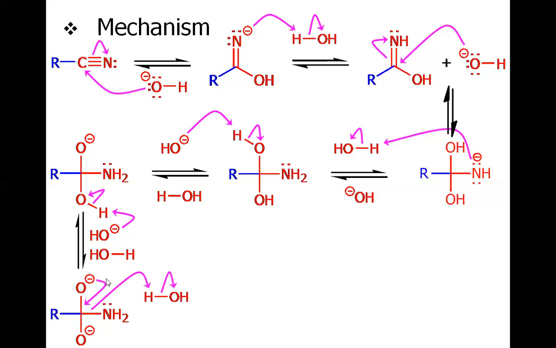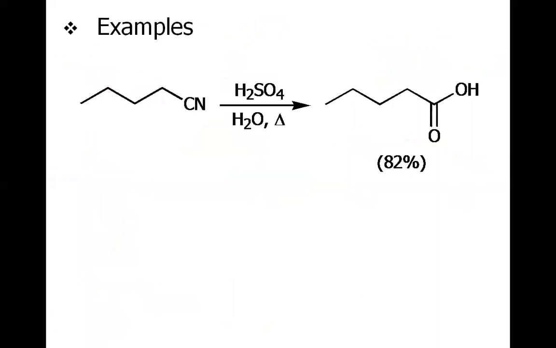Anyways, whether we have the dianion or the monoanion, this NH2 group has to leave the system to have the carboxylate ion formed, and then this upon the acidic workup will give us the desired carboxylic acid group formed. So these are some examples.